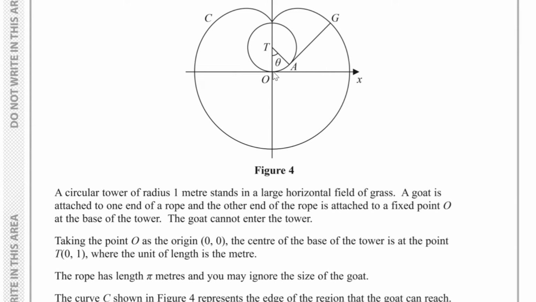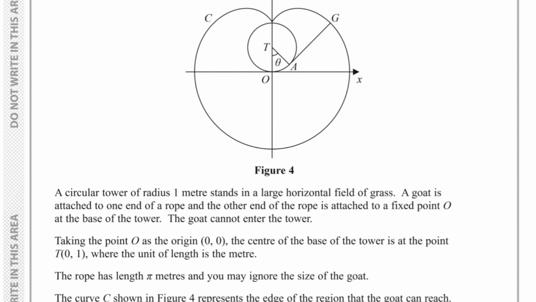Now, we've got this rope over here, and what's happening is the goat can move around. We know the rope has a length of pi, so here the radius will be pi of this bit of our circle.